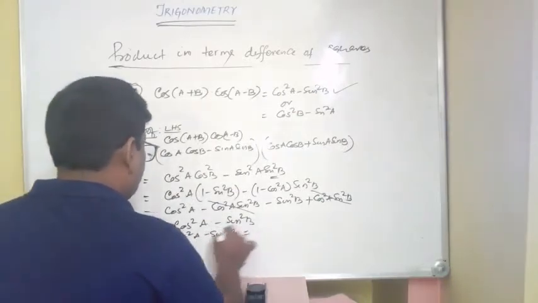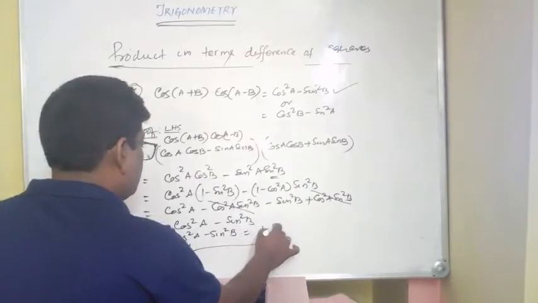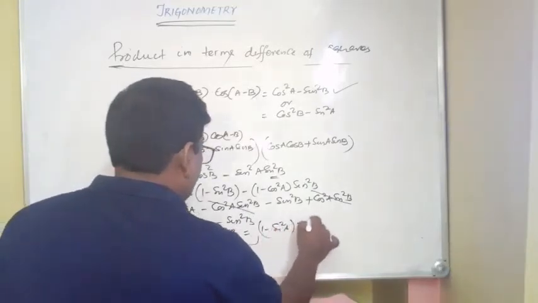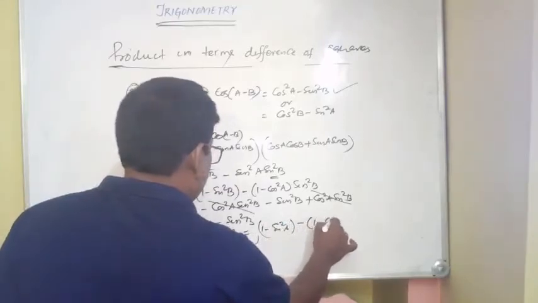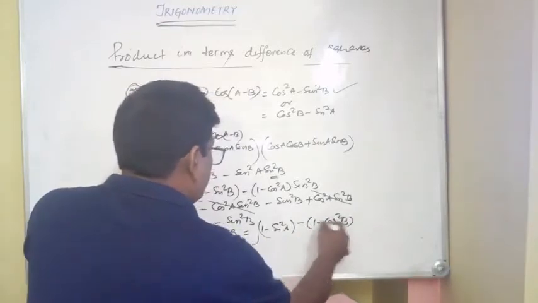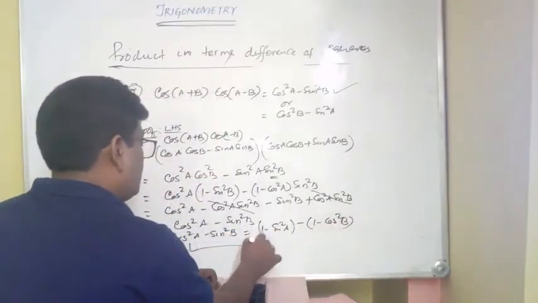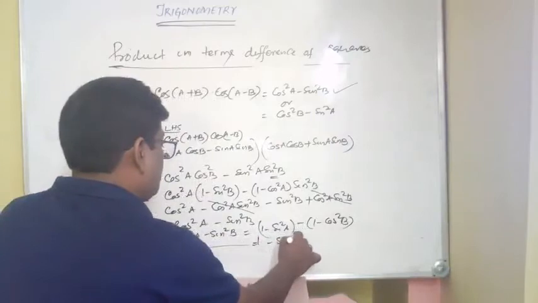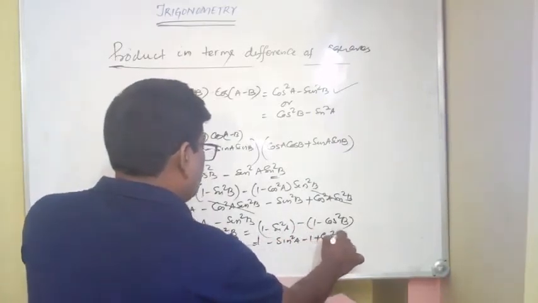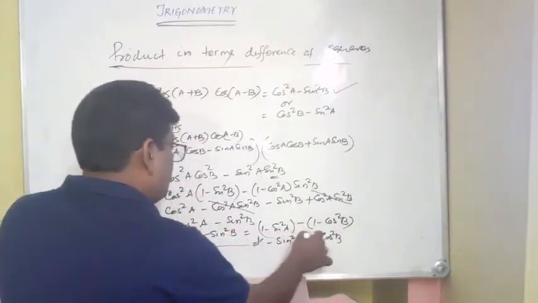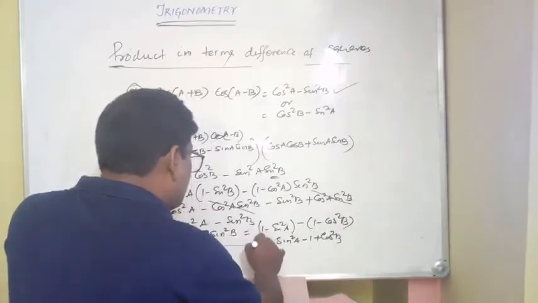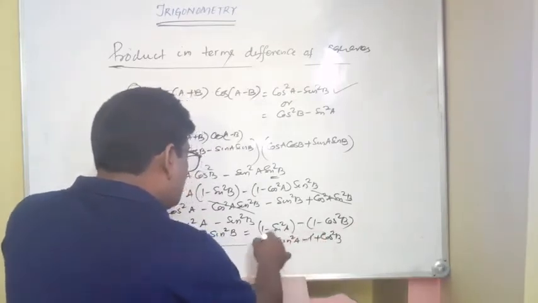This can be written as cos square A means 1 minus sin square A, and minus sin square B means 1 minus cos square B. So simplify: 1 minus sin square A minus 1 plus cos square B. The plus 1 and minus 1 cancel.